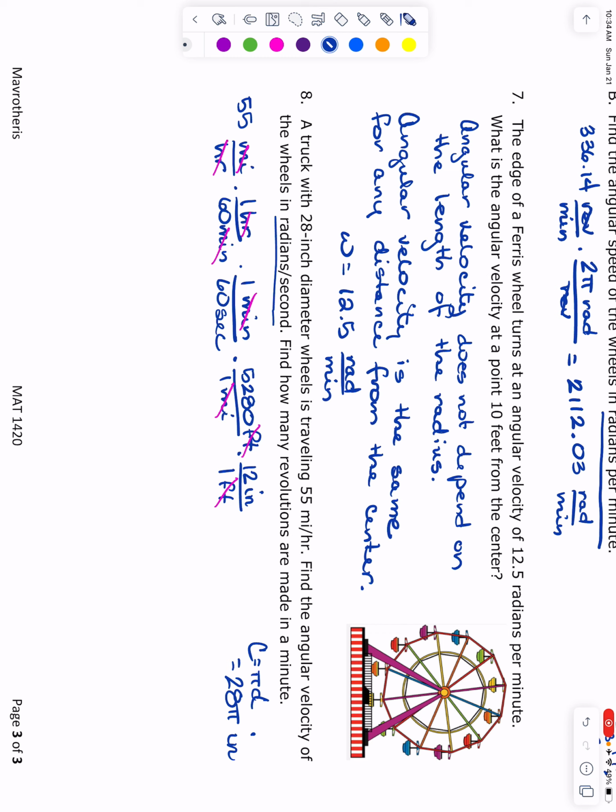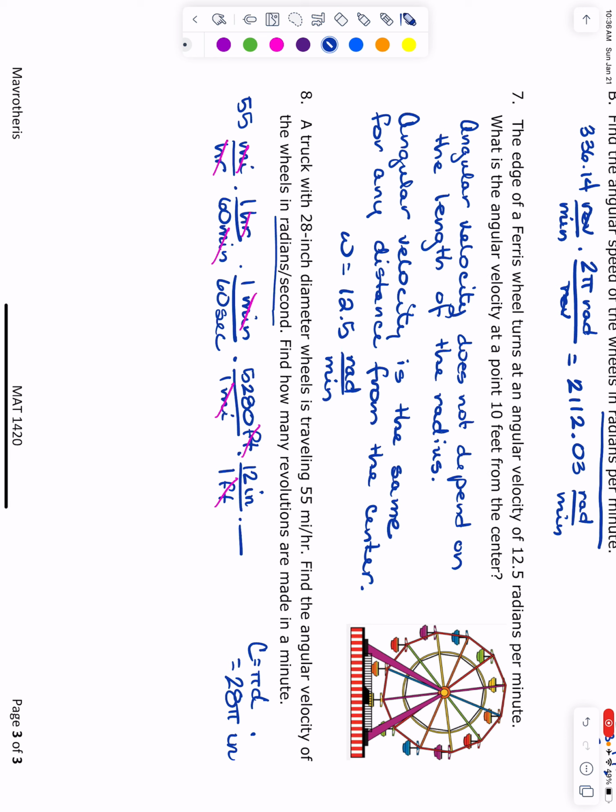So now I got to take a look at how to get rid of inches and put this in terms of radians. And I have that right here over on the right-hand side. My circumference, 28 pi inches, that is all the way around. So 28 pi inches is the same here as 2 pi radians.